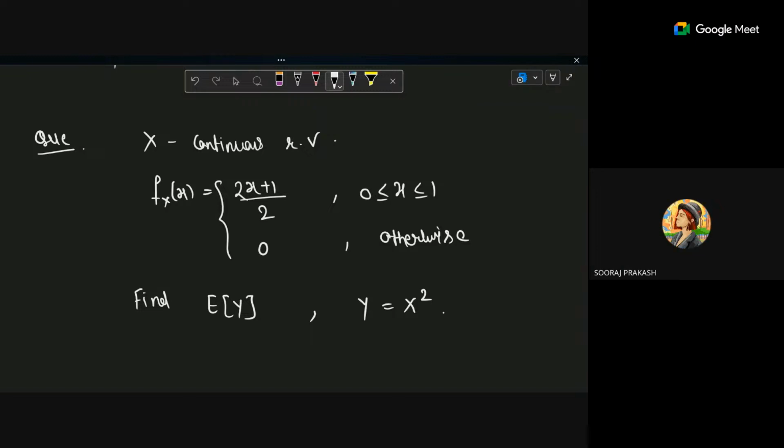Okay, just calculate it. Expected value would be the same as E of X, right? Is it the same or not? No, ma'am.